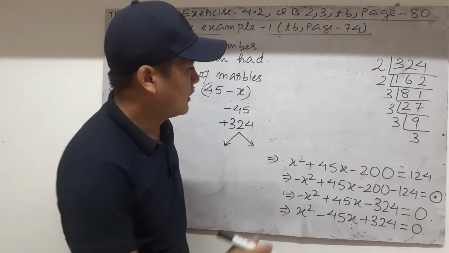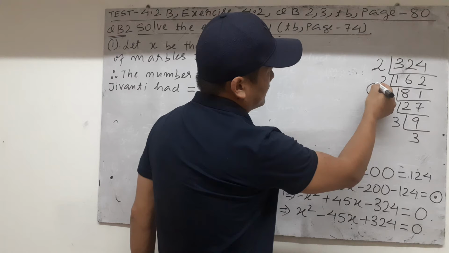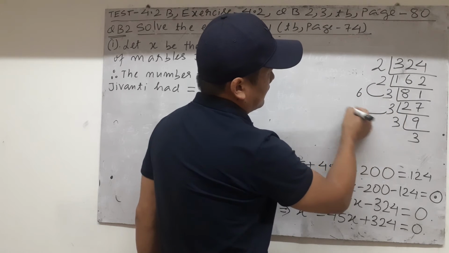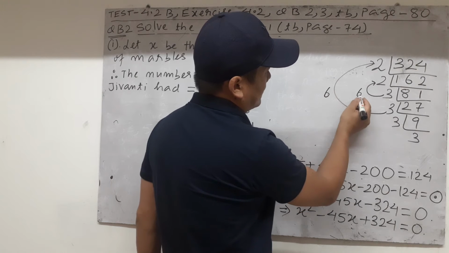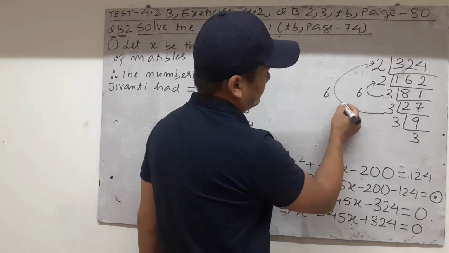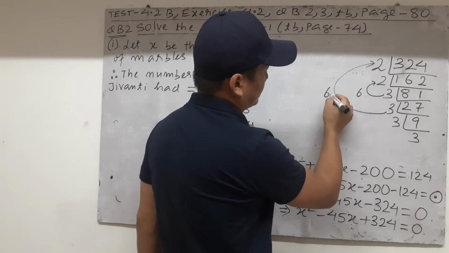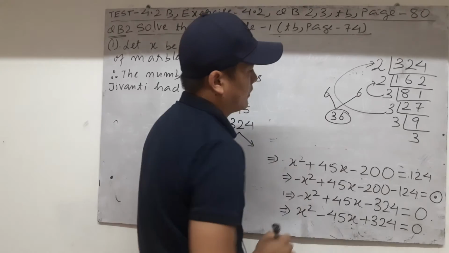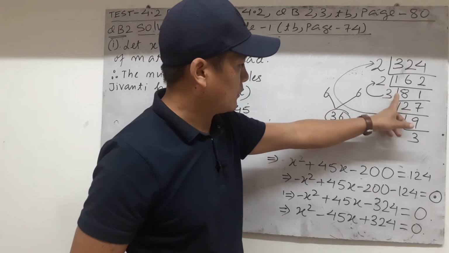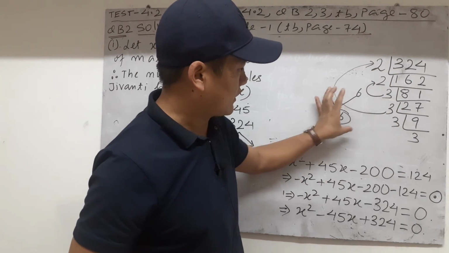How? Just do this. 3 twos are 6. We know that. So 6 sixes are 36. So here 2 into 2 into 3 into 3 will make 36.